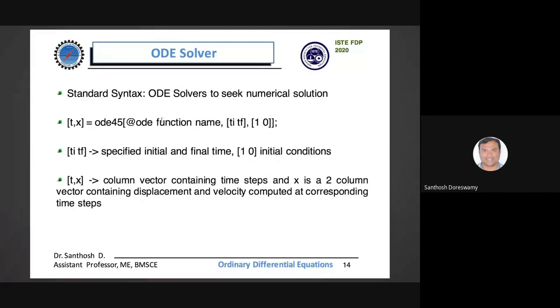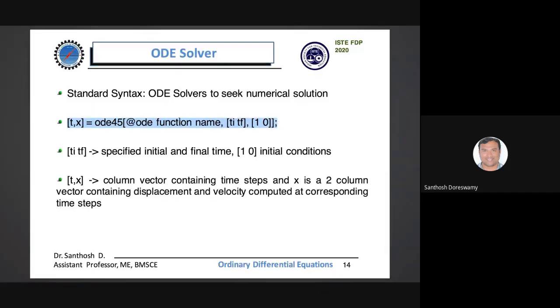So you have to write a function for these two first order differential equations. In addition, you should specify the time interval for which you want to run the solver to successively estimate the slopes of these two differential equations, and then specify the initial conditions. This is the standard syntax of your ODE solver.